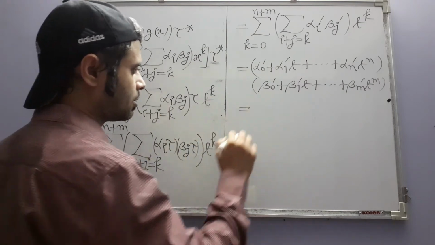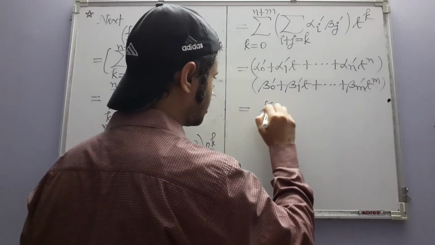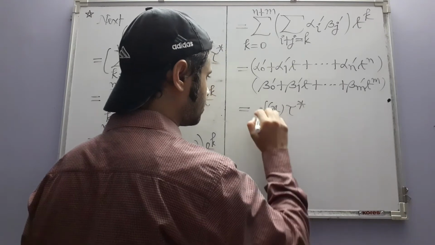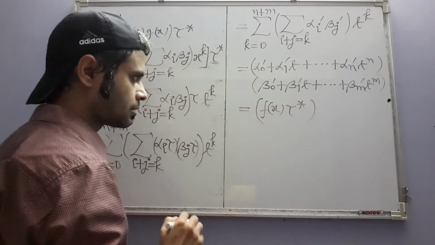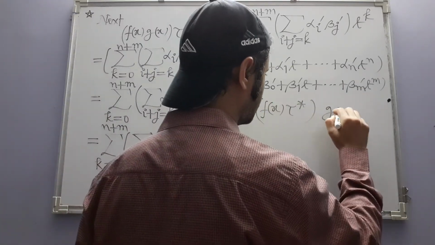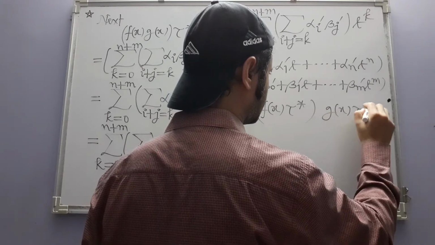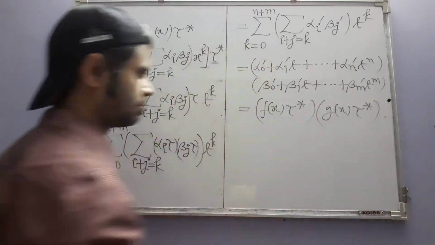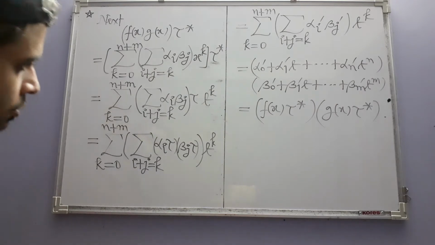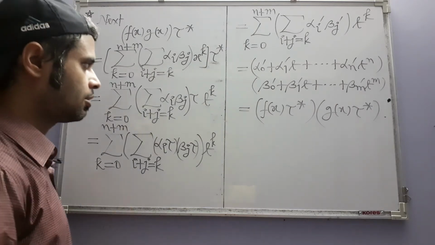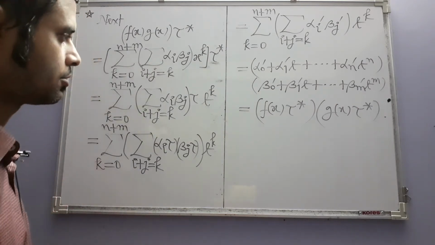The first factor is the tau star image of f(x), and the second factor is the tau star image of g(x). Okay, so we have shown that tau star respects not only addition but multiplication also.